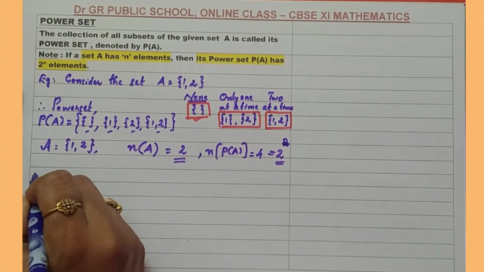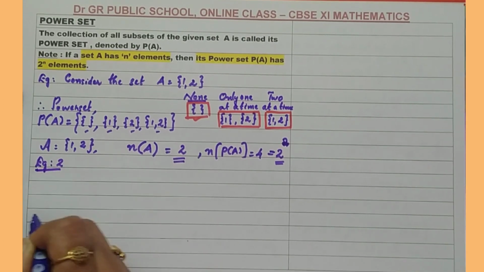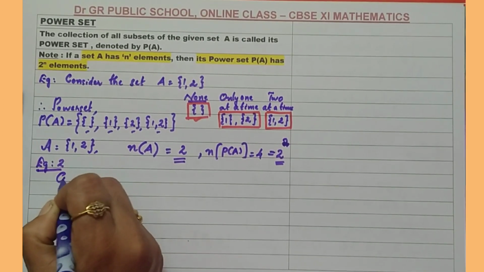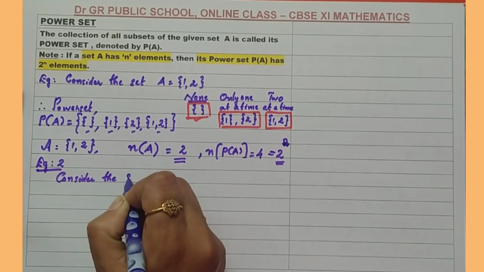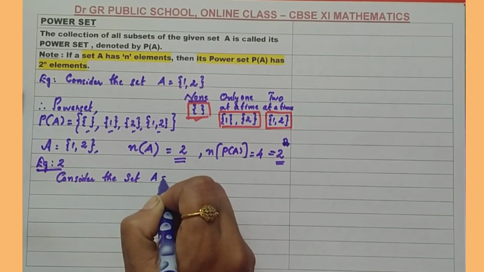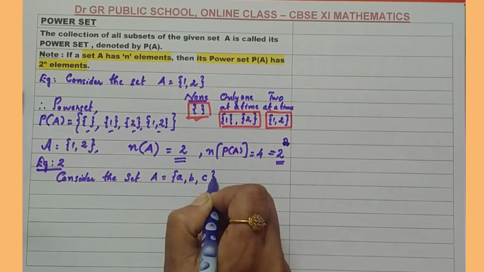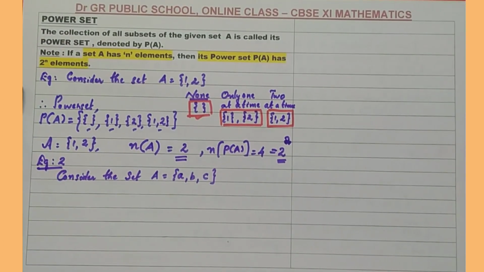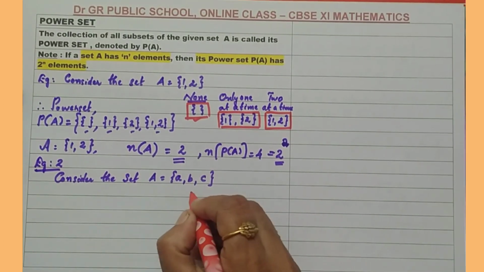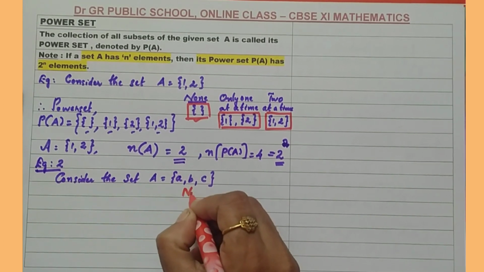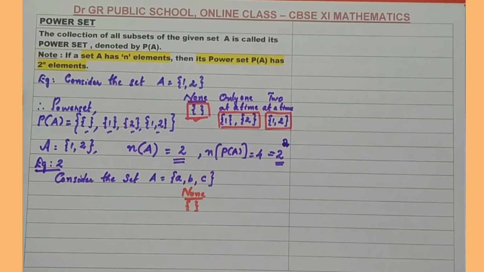Consider another example, example 2. Consider another set, A equal to the set {1, 2, 3} or {a, b, c}. If you are asked to take none from this set, then the only possibility is taking the null set.